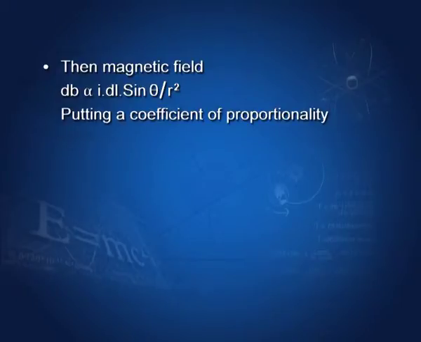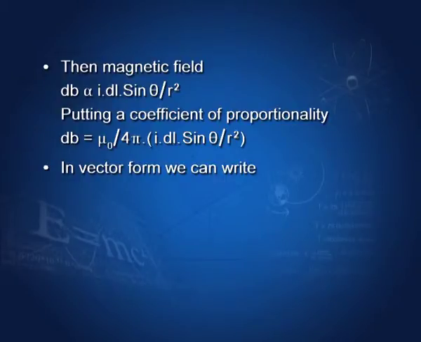Putting a coefficient of proportionality mu naught upon 4 pi, we get dB equals mu naught upon 4 pi I dl sine theta upon r square. In the vector form, we can write dB equals mu naught upon 4 pi I dl cross r divided by r cube.